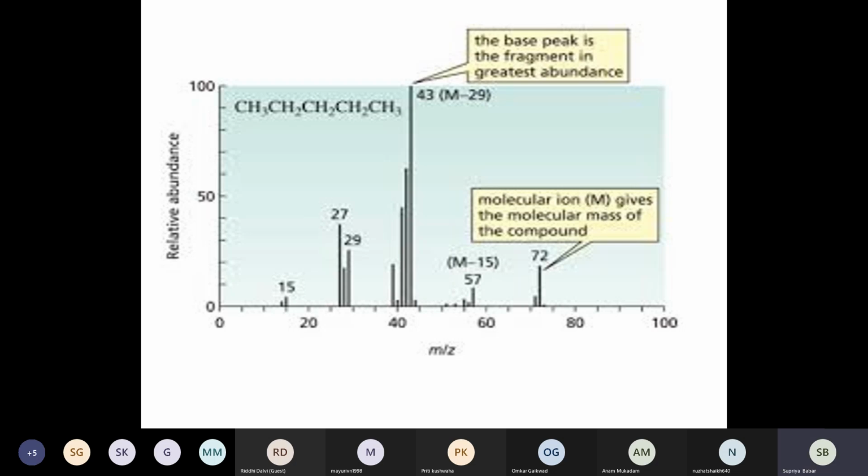So in the mass spectrum, the base peak is important, and the molecular ion peak is also important.